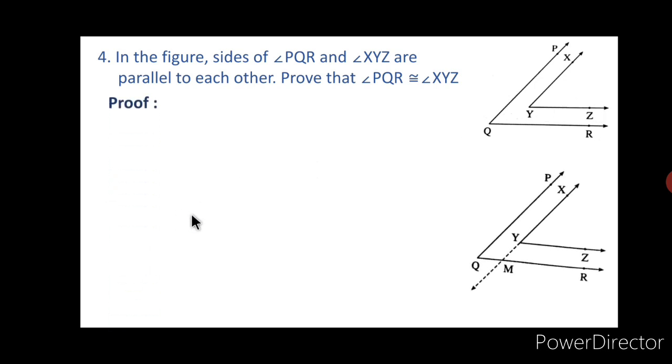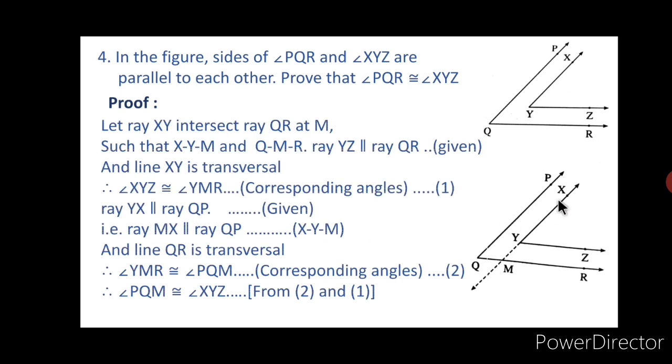Proof: let the ray XY intersect QR at point M, such that X-Y-M and Q-M-R, and ray YZ is parallel to ray QR.